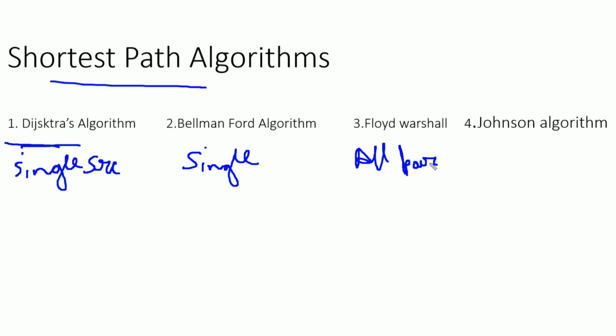Johnson algorithm is also an all pair shortest path algorithm. Single source shortest path algorithm means that you'll have a source, and from that single source you need to find the shortest distances to all the vertices which are there in the graph. All pair shortest path means between every pair of vertices you will have the shortest distance path.